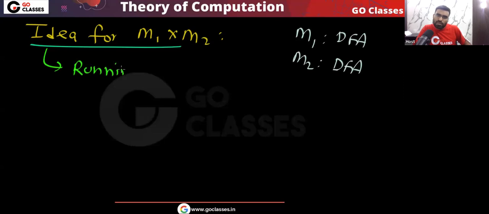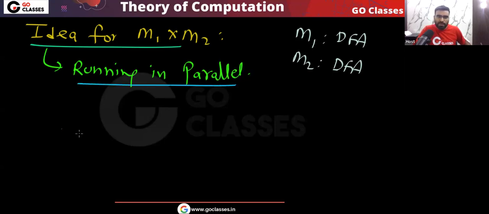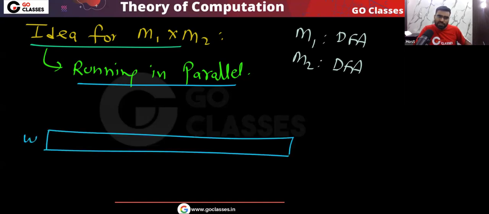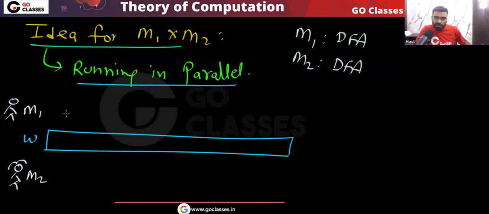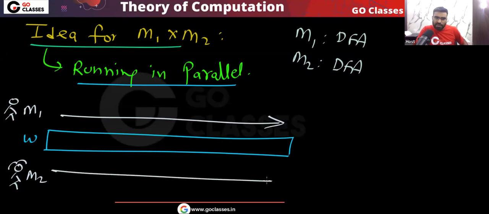If this is your string W, then both DFA M1 and DFA M2 will run in parallel. It's like a race.